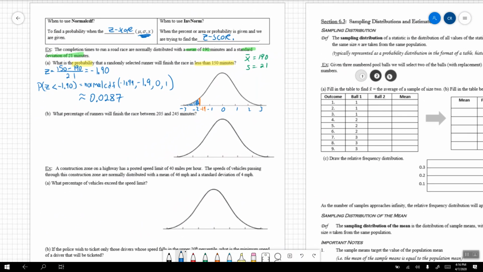All right, so part B, what percentage of runners will finish the race between 205 and 245 minutes? So again, I want to standardize this. Let's make sure we work with the standard normal distribution here.